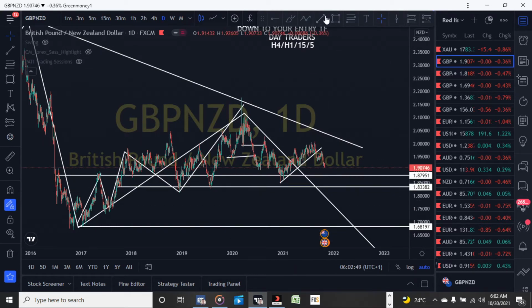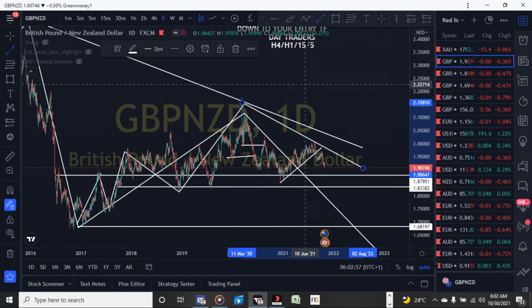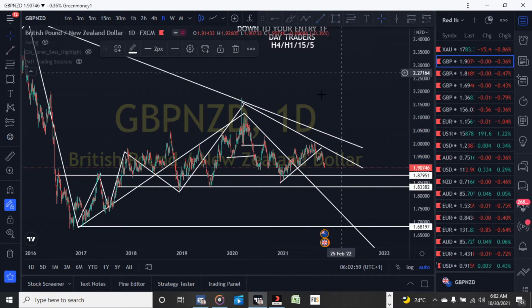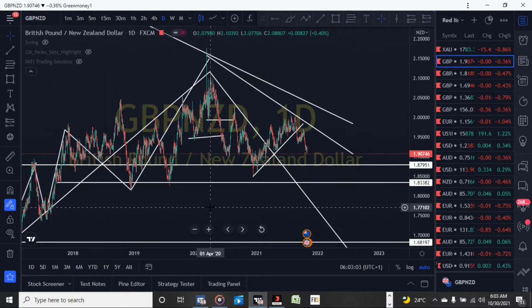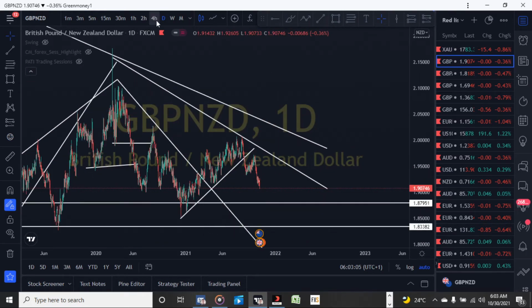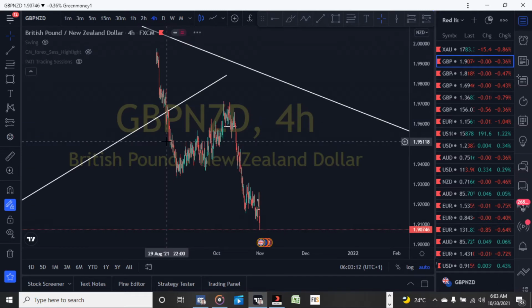You can equally draw your second trend line from this point to this point, right? And then you go down to the lower time frame, which is your main time frame, to make sure that you know what you're doing, right?